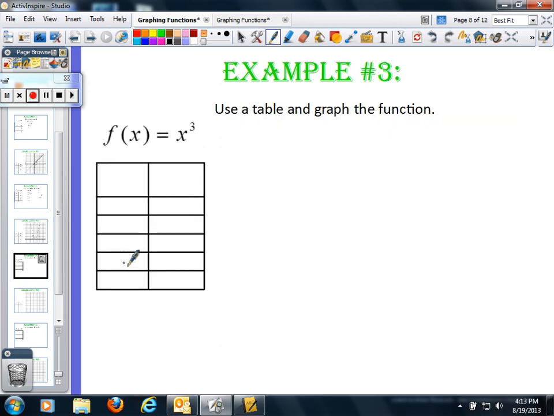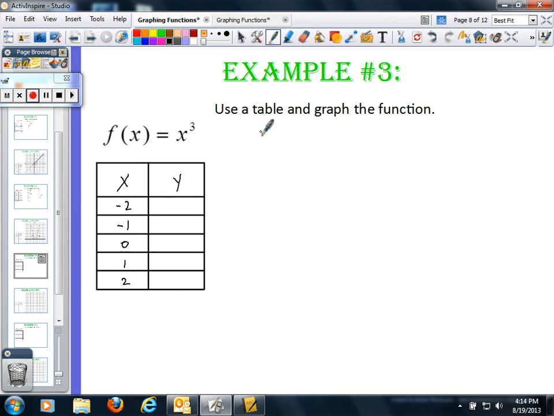Now let's go over here and we're going to do the next one, which is going to be our cubed function. And the graph of the cubed function is going to look different as well. So again, this is our x and this is our y. And let's just pick these numbers again. So -2, -1, 0, 1, and 2. And let's plug them in.